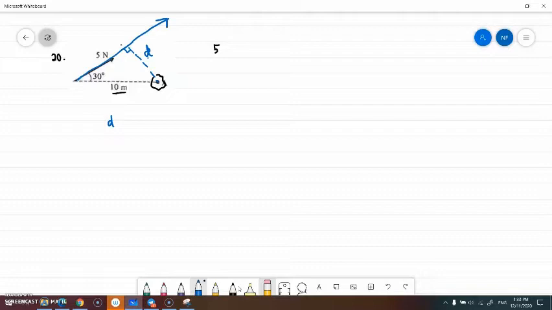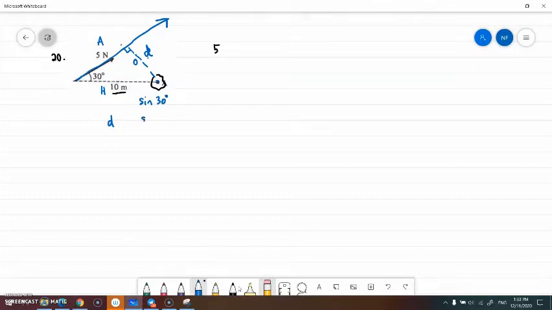So let's say we have this triangle. This would be the hypotenuse, this would be the opposite, and the adjacent. So we can use the sine formula.